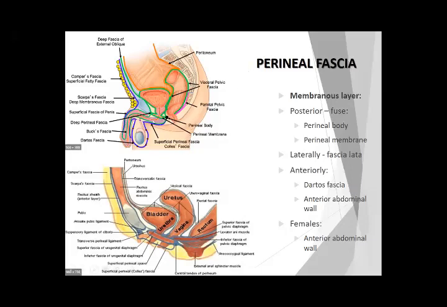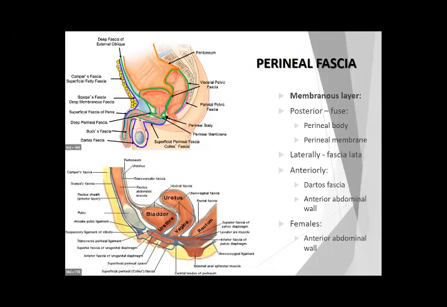Males में it is deep to the dartus muscle and it continues as the dartus fascia around the scrotum, and then it is reflected onto the anterior abdominal wall, where it becomes continuous with the membranous layer of the anterior abdominal wall. ठीक है?